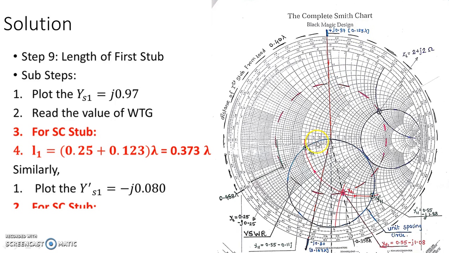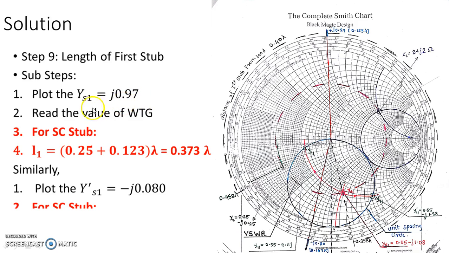We also had YS1 dash, which was j0.080, which we can also plot separately and get its lambda. So you can give two solutions: one solution with j0.97, the second solution with respect to j0.08. I will concentrate on j0.97 only.